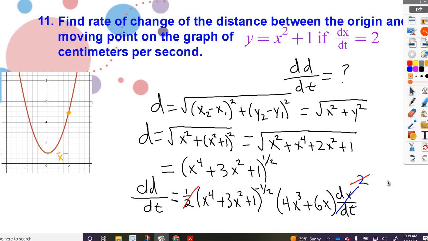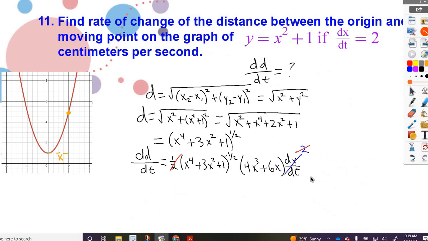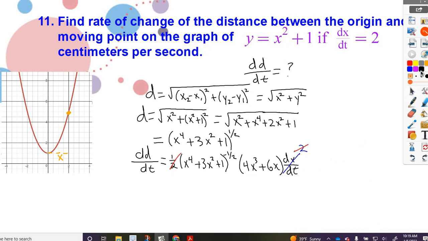And also, do they give us any more information there? Do they give us anything else to plug in, like a specific point that they're wanting it at? No. So they're just wanting the equation at which the distance is changing. So this would just become my 4x cubed plus 6x on top.